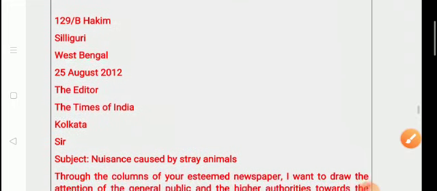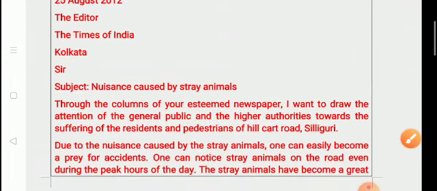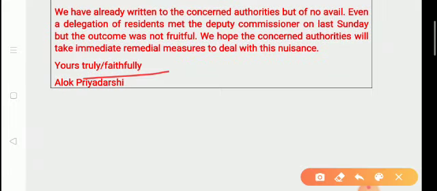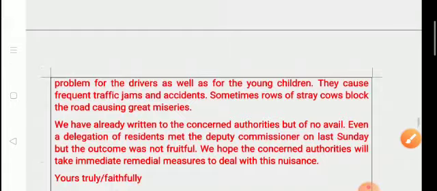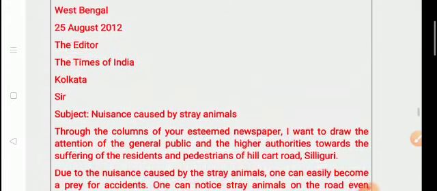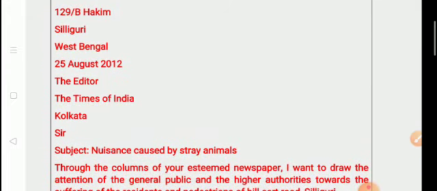And even after Sir, there are no punctuation marks. And you can see at the end also, yours faithfully, yours truly, there are no punctuation marks. So we can avoid it. We need not put punctuation marks in the format.